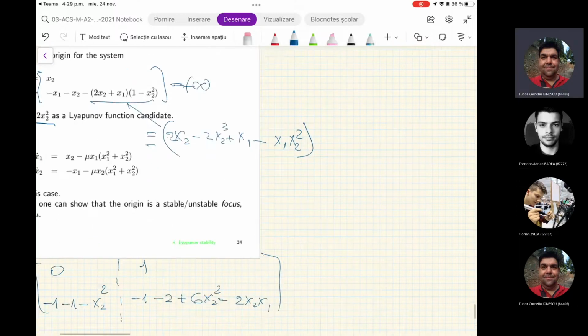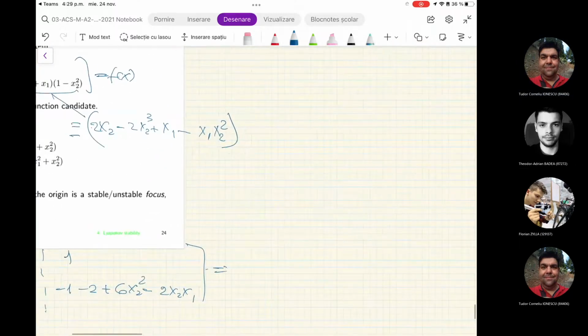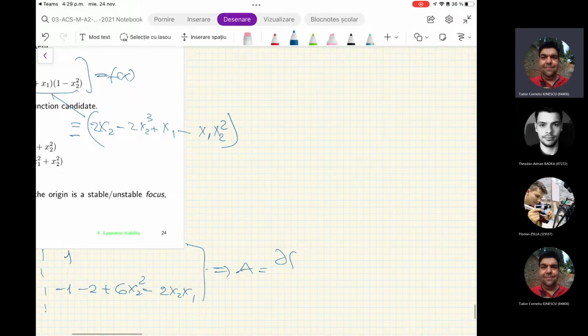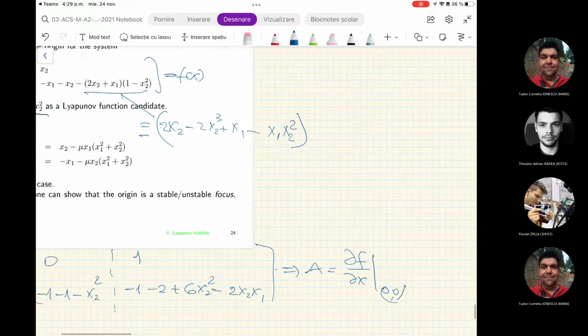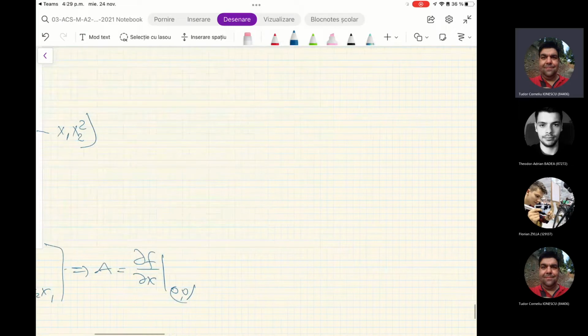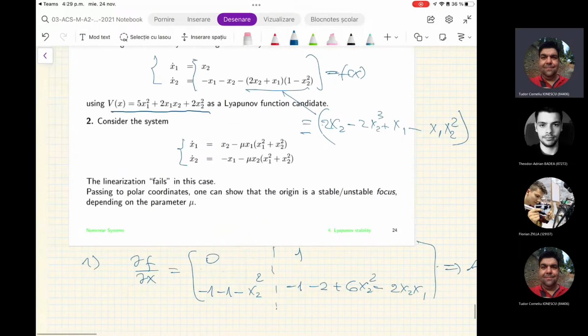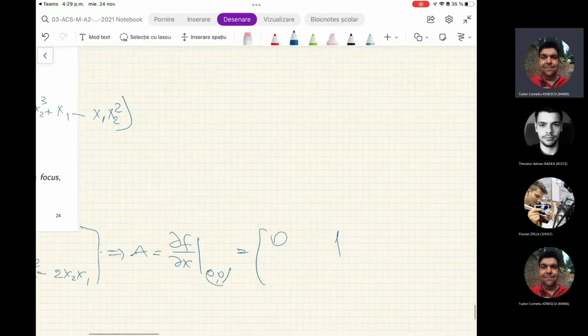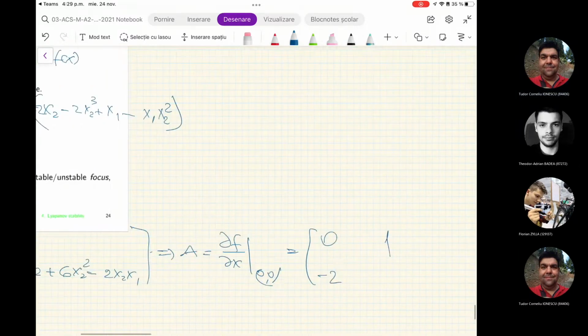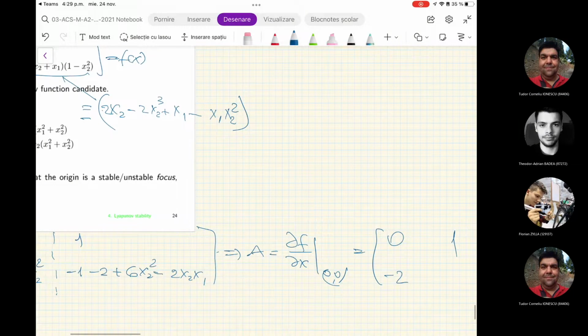Okay, and then A is df/dx in the origin. So it's actually 0, 1, 0, 1, minus 2, minus 3.